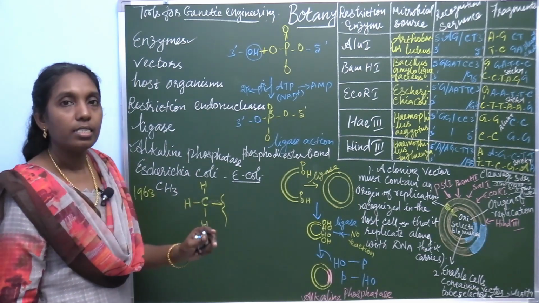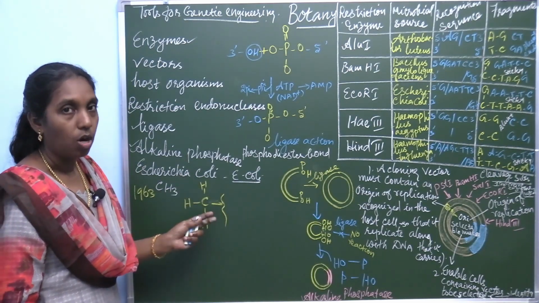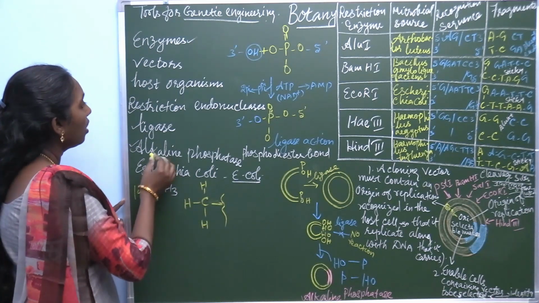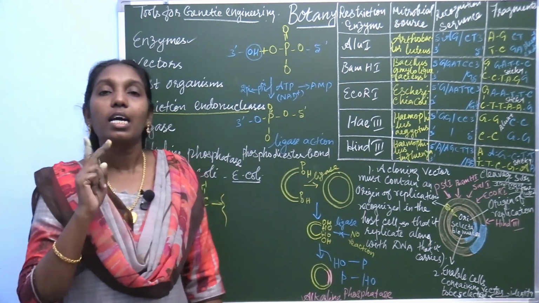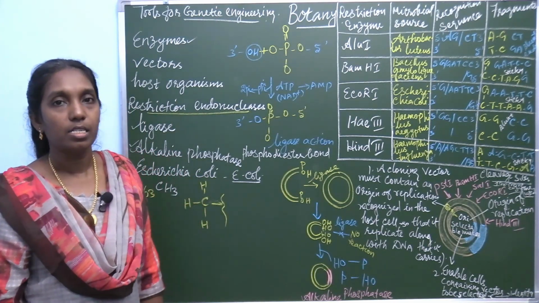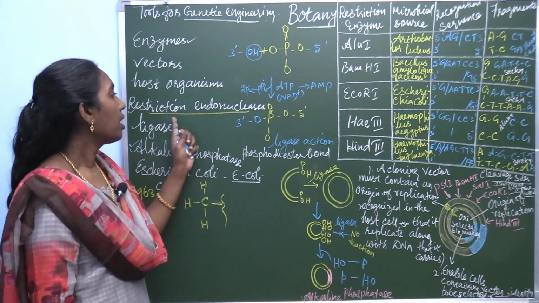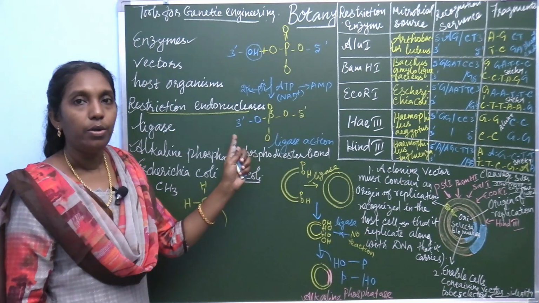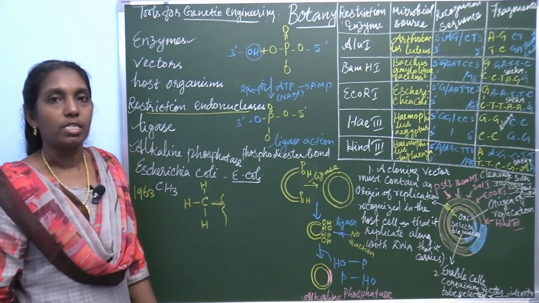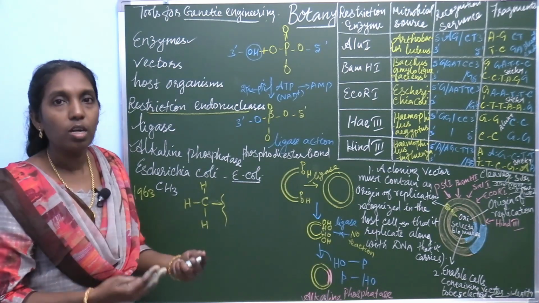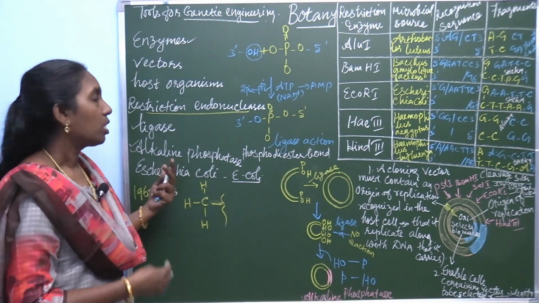The second type is called restriction endonuclease because it cuts the DNA sequence. It's named restriction endonuclease. These restriction endonucleases depend upon their mode of action or function.